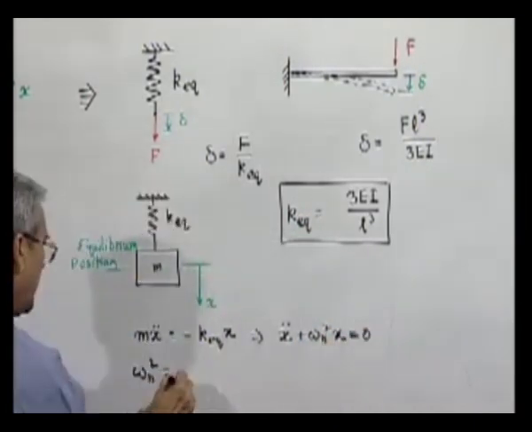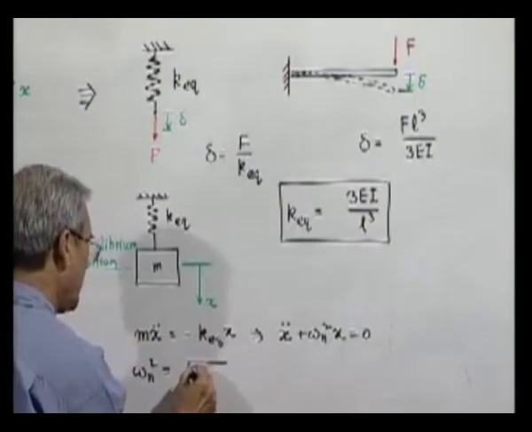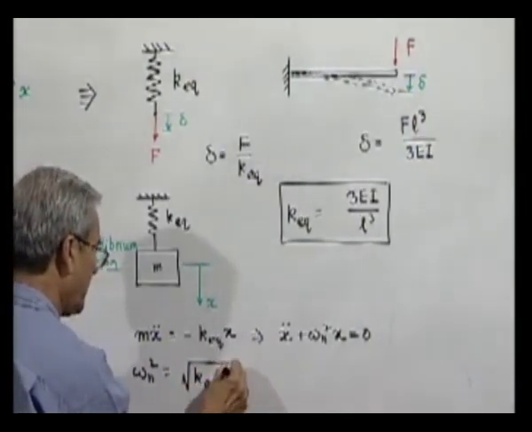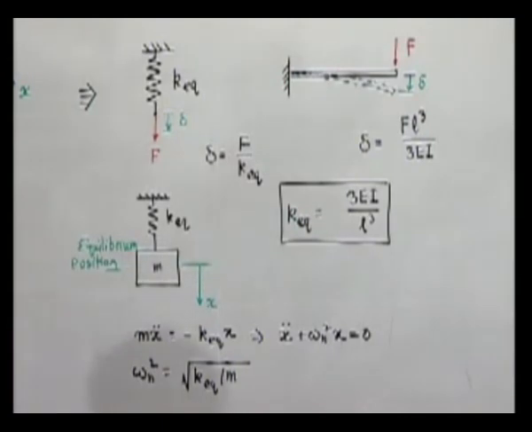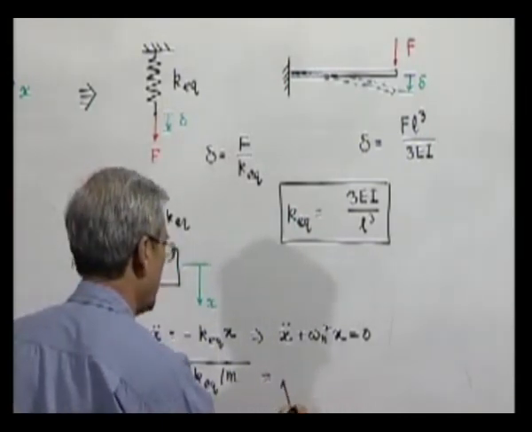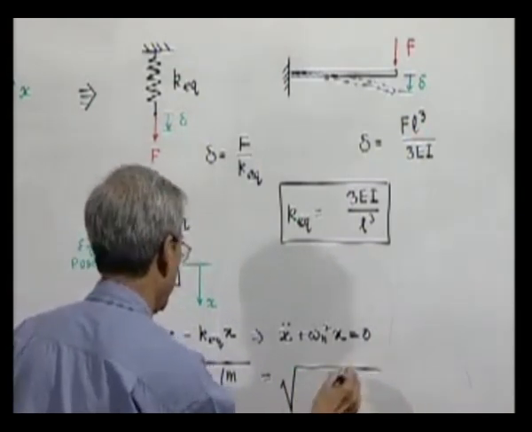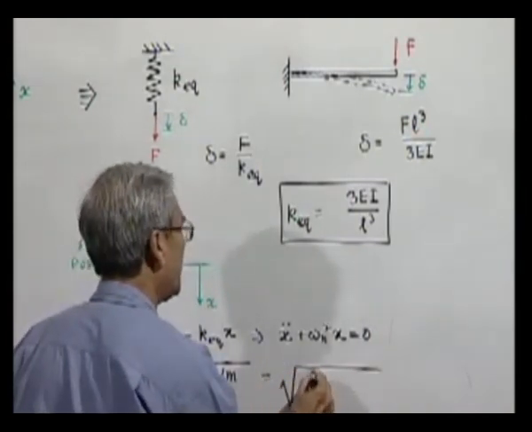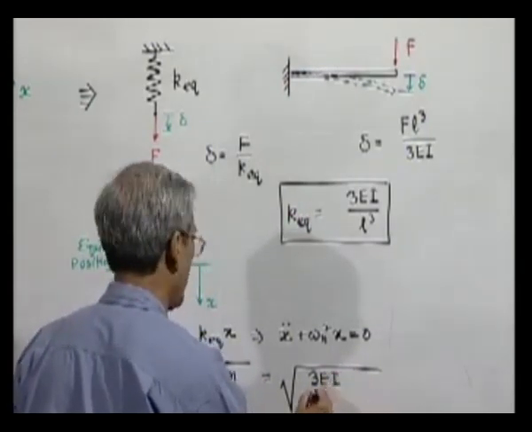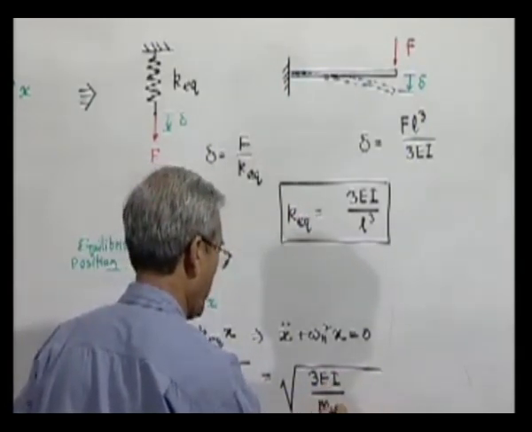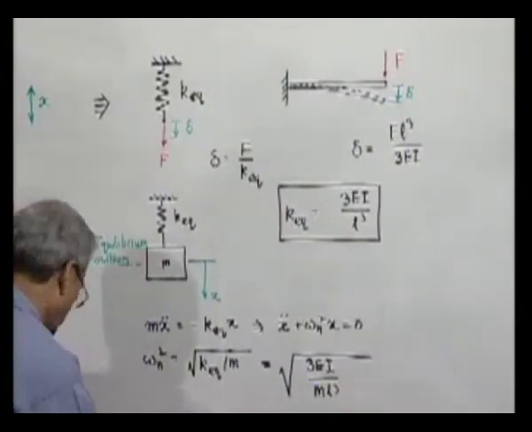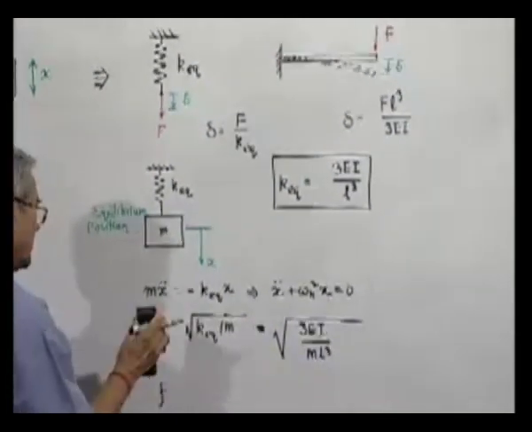where omega n is the square root of K equivalent by m. Now K equivalent we have already found out. So, this is nothing but the square root of 3 EI by m L cube. And frequency, sorry, this is not omega n.